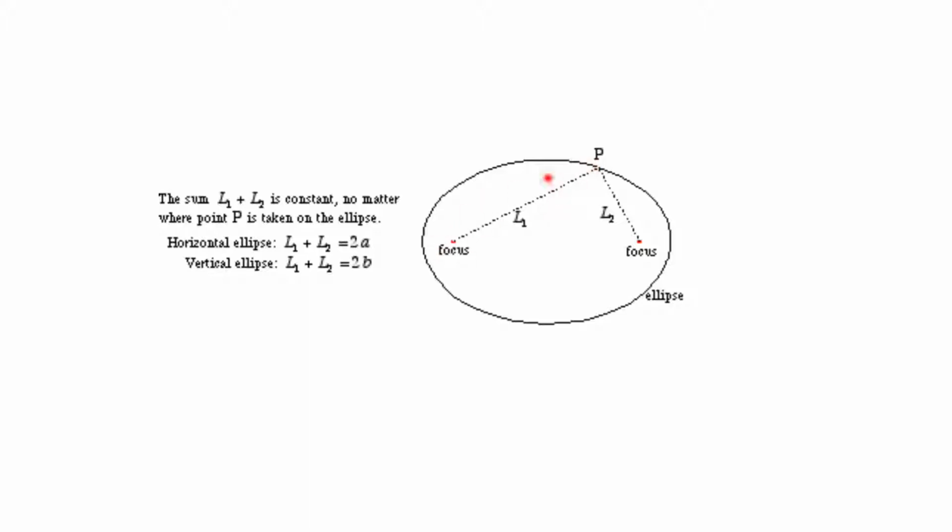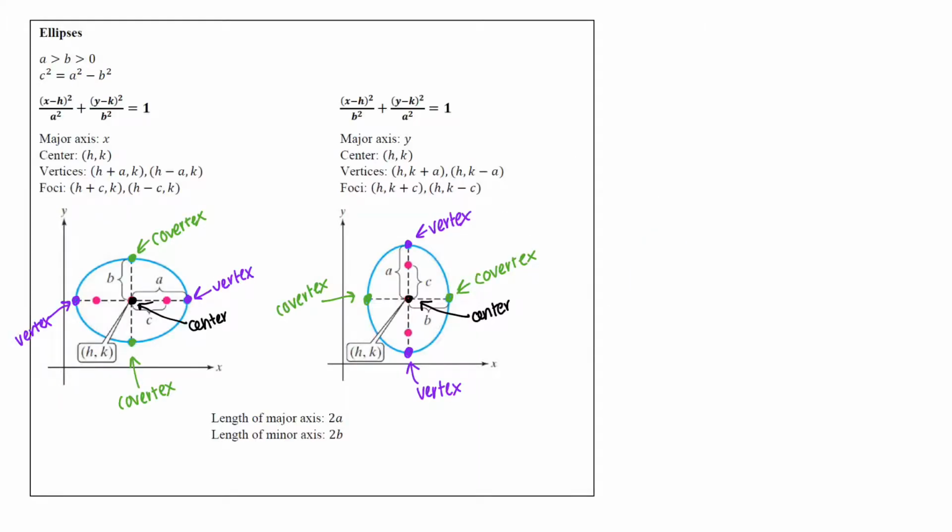So this distance plus this distance end up always giving you this distance here. Okay. Just to give you a little bit of reasoning behind this. So let me go ahead and label these. This is a focus. This is a focus. Focus and focus.